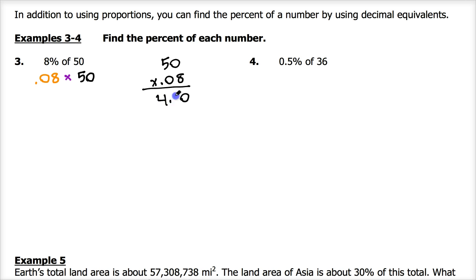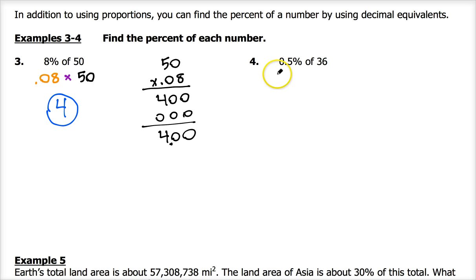Well, if I multiply 50 times 8, I get 400, but because we're multiplying by 0.08, I need to put 2 decimal places behind my decimal point, so really this becomes 4.0, or just 4. So 8% of 50 is just equal to the number 4, and again we can do that by multiplying the decimal version of the percent by the whole part.